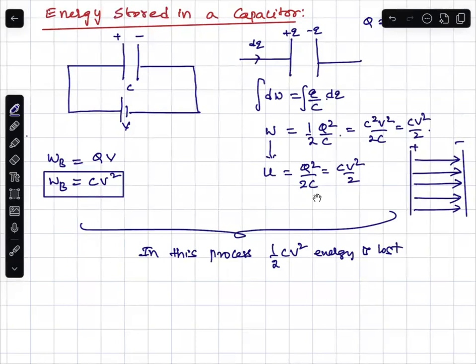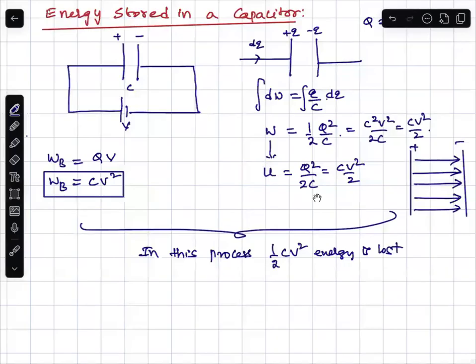This part which you cannot account for generally, we will post it in the account of heat. Dissipated, I should say, dissipated. This much amount of energy is dissipated, lost. Any doubt?